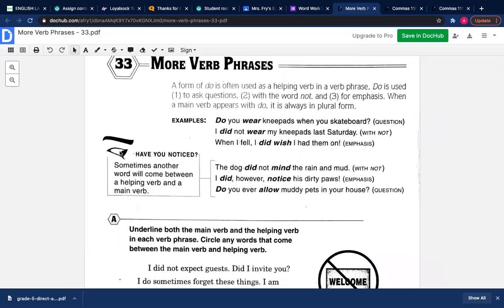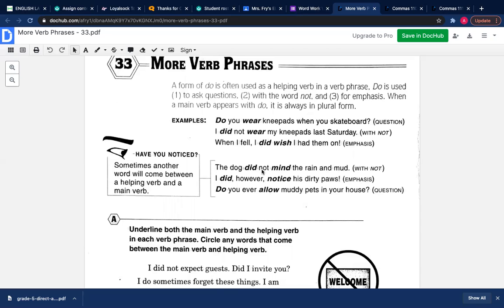Have you noticed sometimes another word will come between a helping verb and a main verb? Take a look here. The dog did not mind the rain and mud. The word that comes in between the helping verb did and the main verb mind is the word not.